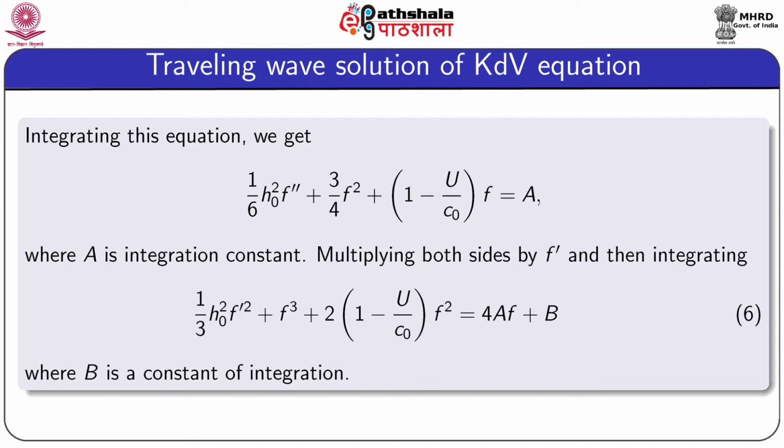Again this equation can be integrated. So, for that we multiply this equation both sides by f' and then we integrate and obtain equation 6, where B is another integrating constant.